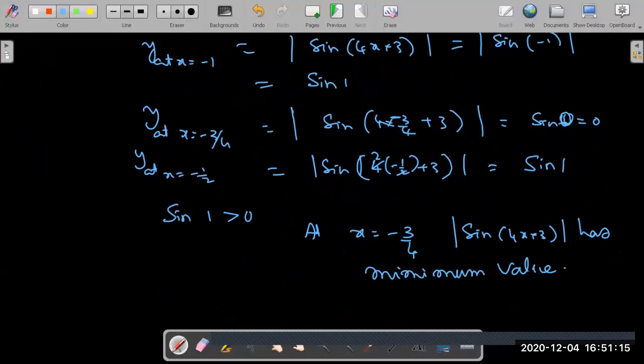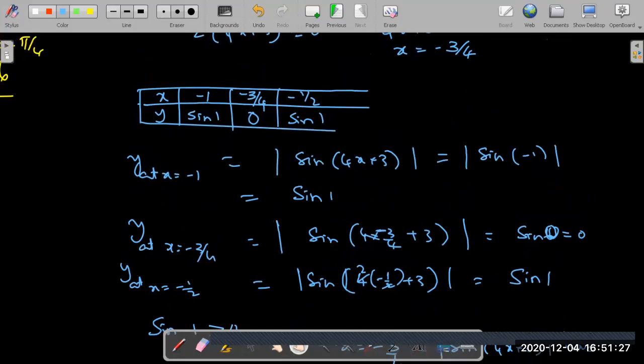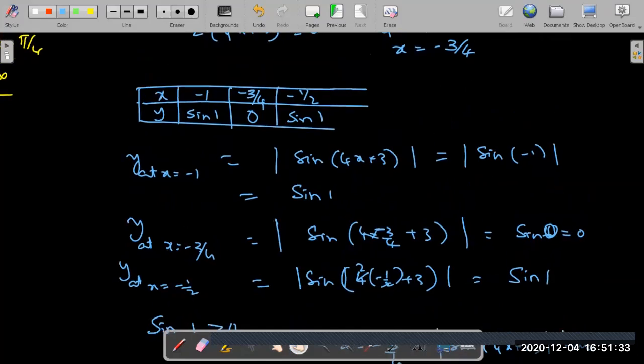The minimum value is 0. That is the center of the table. This is that minimum value. Okay, so that's how we'll be doing this.